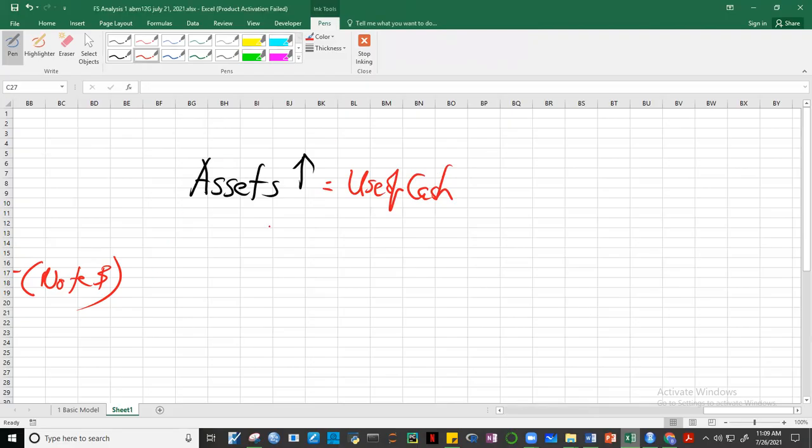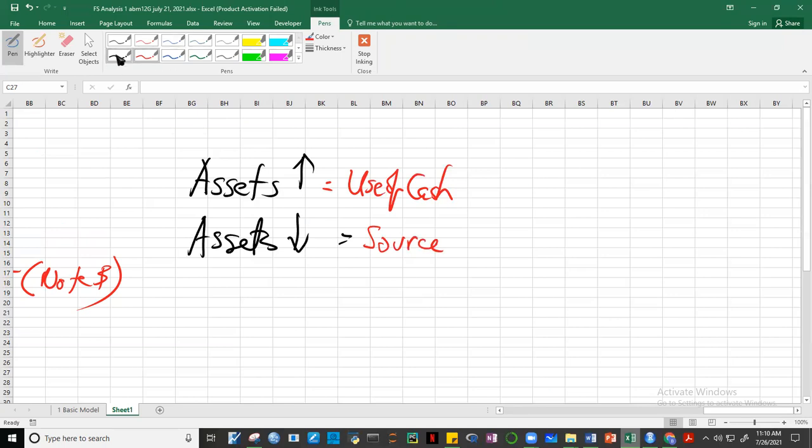Pag assets nag-increase, then use of cash yun. Therefore, when assets go down, the value goes down. When I say go up and go down, guys, I'm referring to the change between two periods, between two years. So for example, in 2019, it was 100, and at the end of 2020, it was 120. Therefore, the value of that asset went up. And pag tumataas yung asset, guys, use of cash yan. Pag bumababa naman siya, syempre opposite, source of cash.